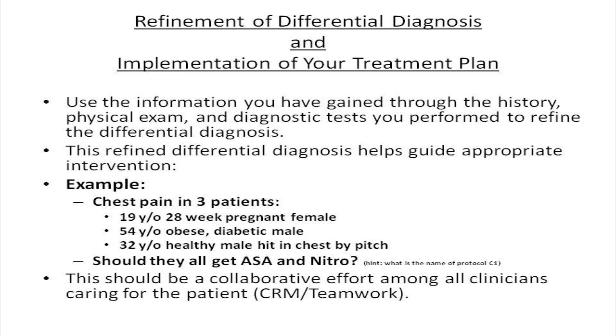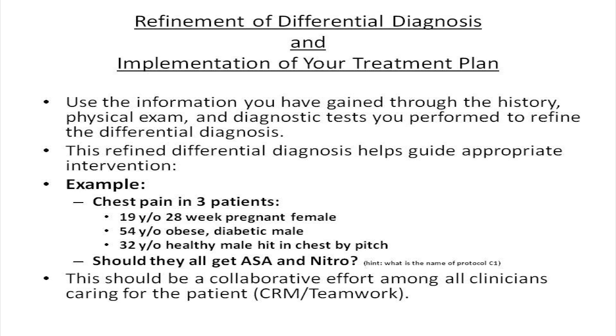Okay, so we've gone through how to take a history. We've gone through some basics of physical exam. We've gone through some basics of diagnostic testing. So if you remember, the point of those three things was to allow you to refine your differential diagnosis.